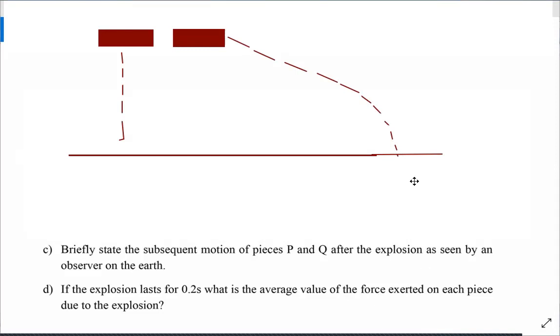So it's better if you draw this figure, but whether you draw the figure or not, it's not a problem. If you draw this figure, you can understand it much easier. After that, we should say Q falls freely under the gravity vertically downward, along a vertical straight path.